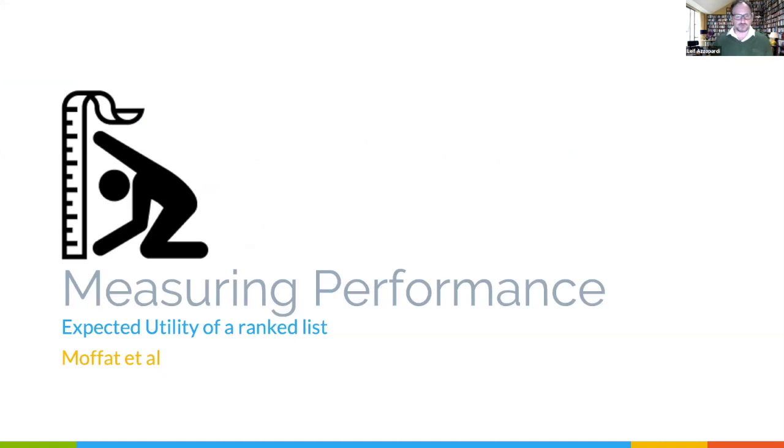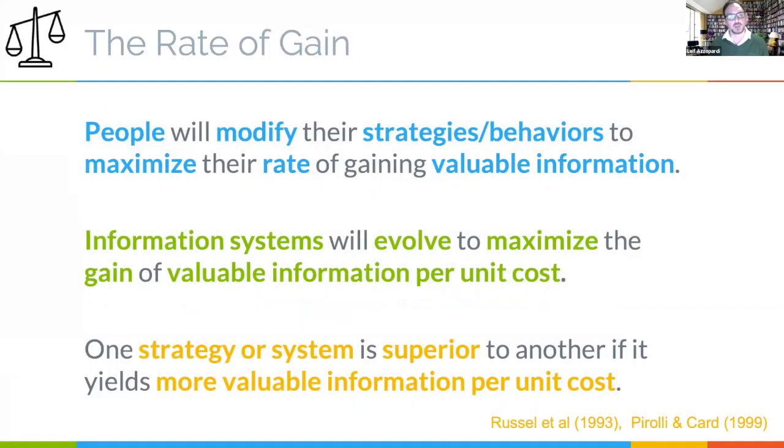So how do we measure performance? Well, typically we think about doing this by computing the expected utility of a ranked list. Otherwise, you can think about the expected utility as the rate of gain.